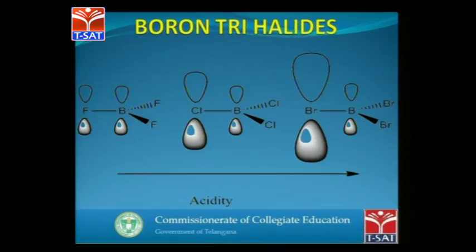In boron, we can see the orbitals. In boron, one vacant orbital is there. Halogen atoms also have a filled orbital. In fluorine, 2 electrons are in the 2p orbital of fluorine. And in chlorine, if we observe, 2 electrons are in the 3p orbital. So the filled orbital of fluorine overlaps with the vacant orbital of boron, resulting in the formation of some double bond character, like a pi bond.